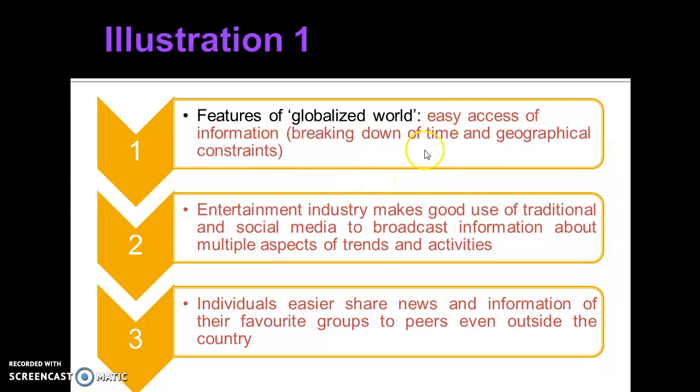Easy access to information because of the breaking down of time and geographical constraints. So the people can access YouTube clips, and they can access live performances in different parts of the world through instant programs like, what's that, Instagram, okay? Facebook also has online shows.